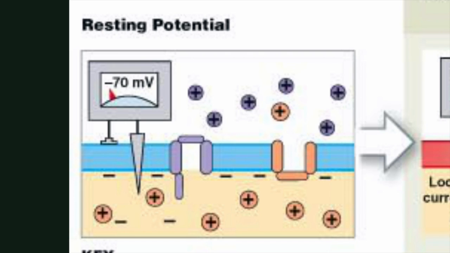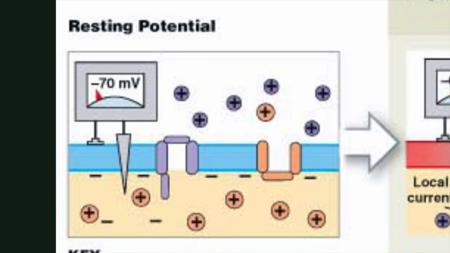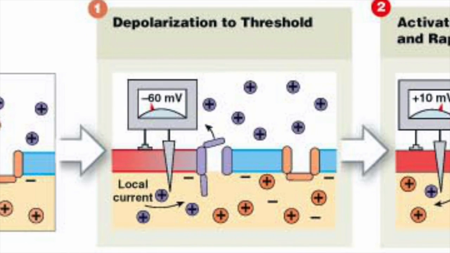So let's look at this step by step. In a resting cell, all of the voltage-gated channels are closed, as we see here. If a graded potential from the opening of chemical gated channels is strong enough, it will bring a cell to what's called threshold, and that's the point where the voltage-gated sodium channels are going to open.